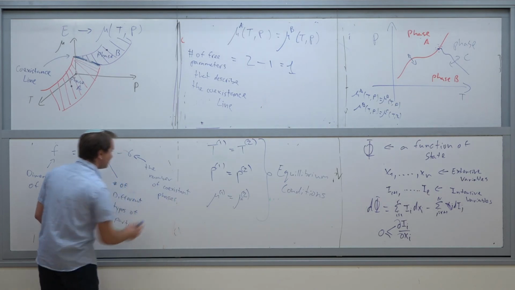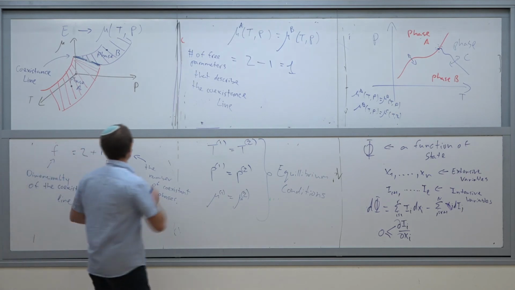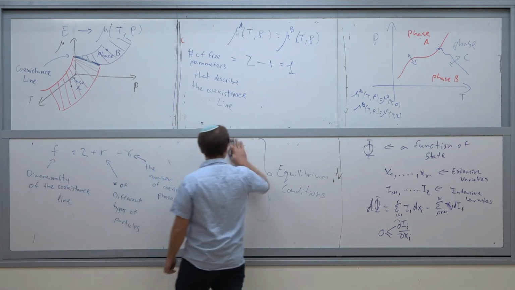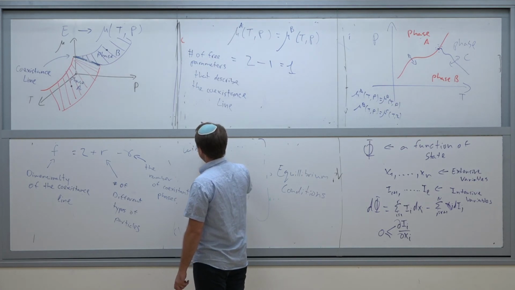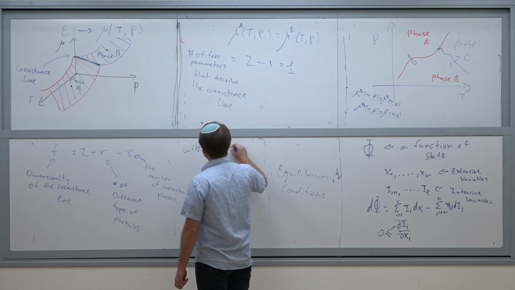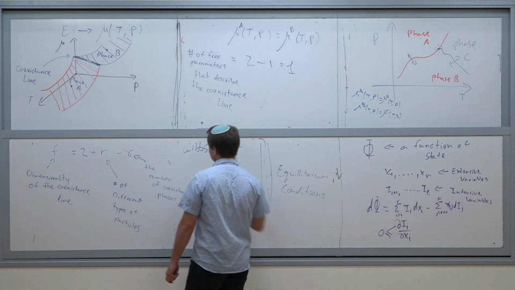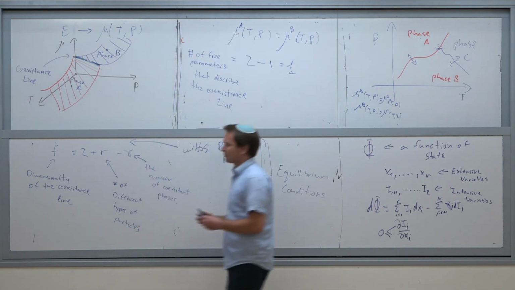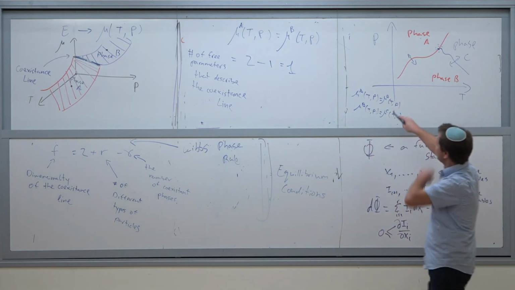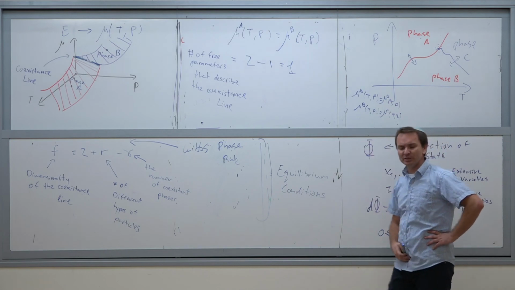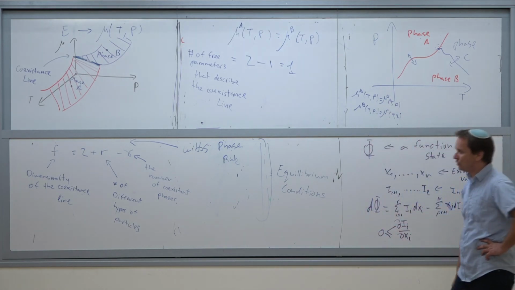Okay. This is called the Gibbs phase rule. This guy over here, how is it obtained? You write all these conditions of equivalence of different chemical potentials. You count the number of variables, and eventually you obtain this equation.